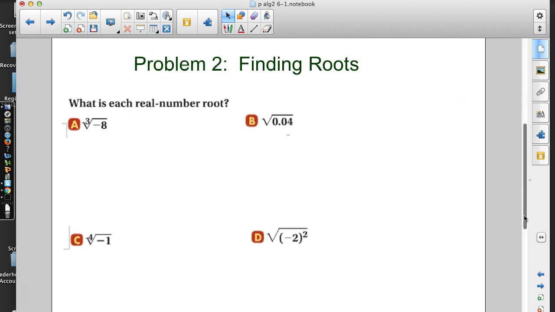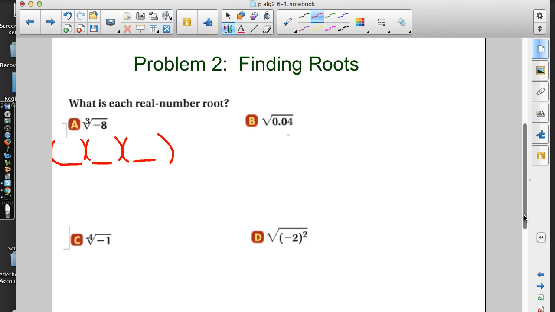And we had started on some of these, and we're still doing the same thinking that we had before, which is we have 3 slots that need to be filled with the exact same number in the hopes of getting -8. And that was -2, because that is the only number that was going to do that. Got over here to B and said, all right, well, a little tougher, have a decimal, but just think of it as a 4 to start with, and you realize you're going to have to put a 2 in here.